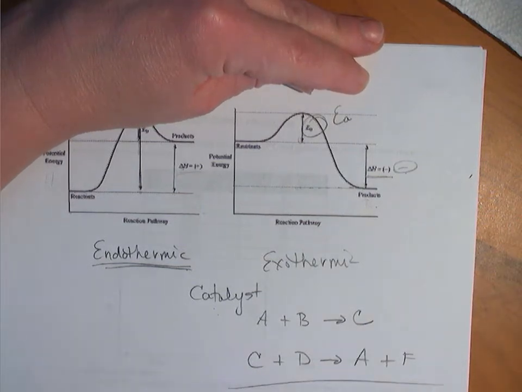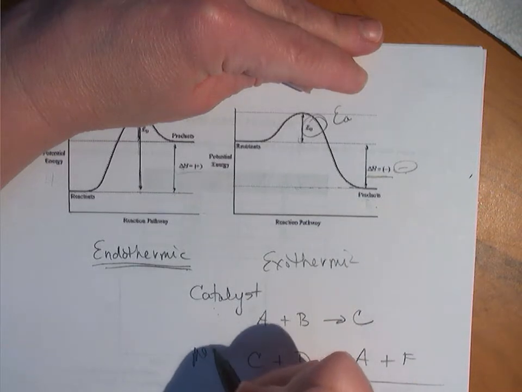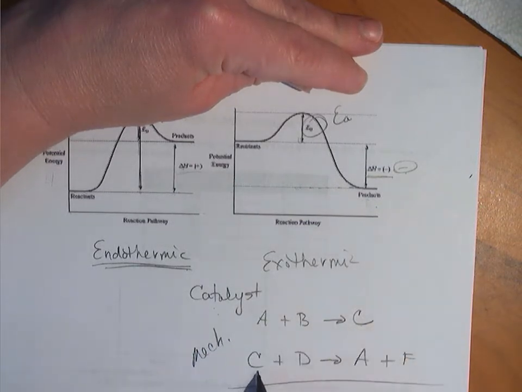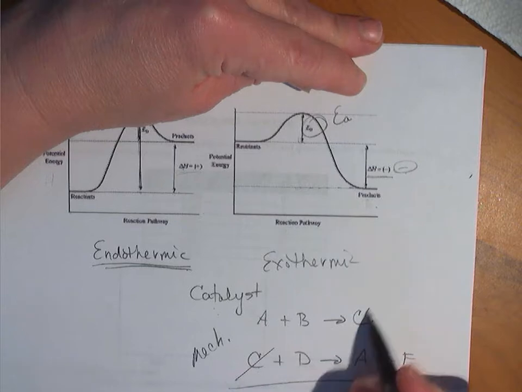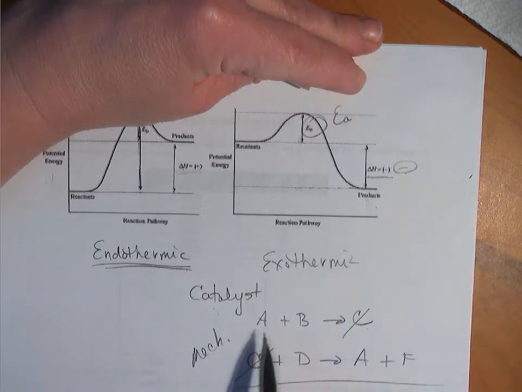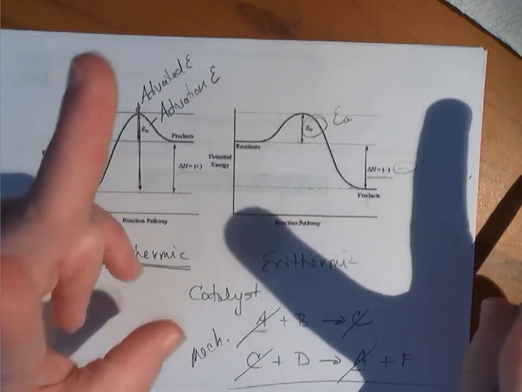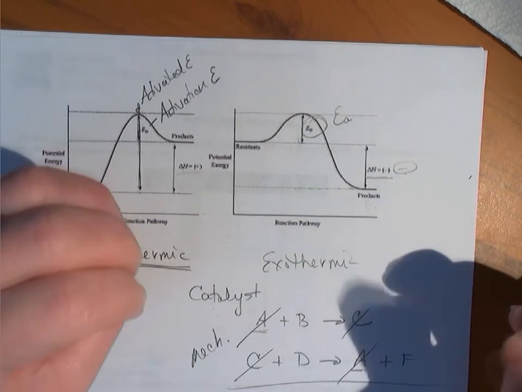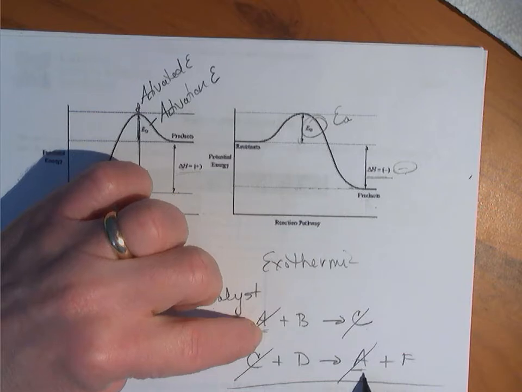A reaction intermediate is produced first in an elementary step and then later as a reactant, but a catalyst is first a reactant and then later a product. So we say it's not chemically altered. Well, that's because it's used and then reproduced.